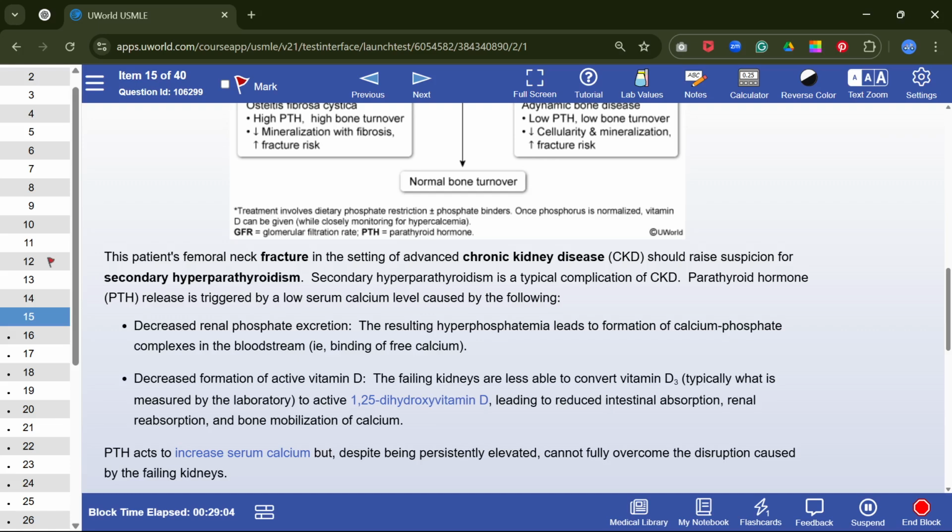Parathyroid hormone release is triggered by a low serum calcium caused by the following: decreased renal phosphate excretion and decreased formation of active vitamin D. Decreased renal phosphate excretion, the resulting hyperphosphatemia, leads to formation of calcium phosphate complex in the bloodstream, binding of free calcium.